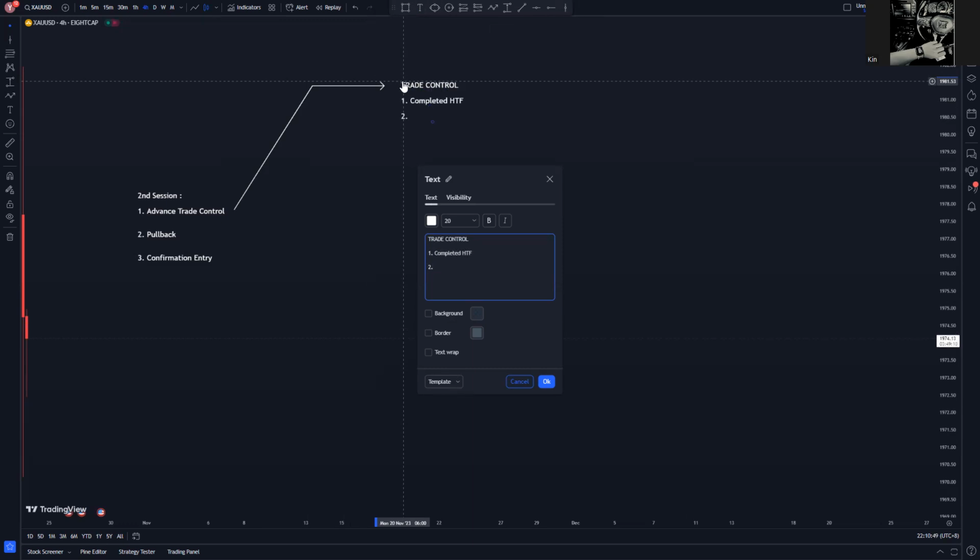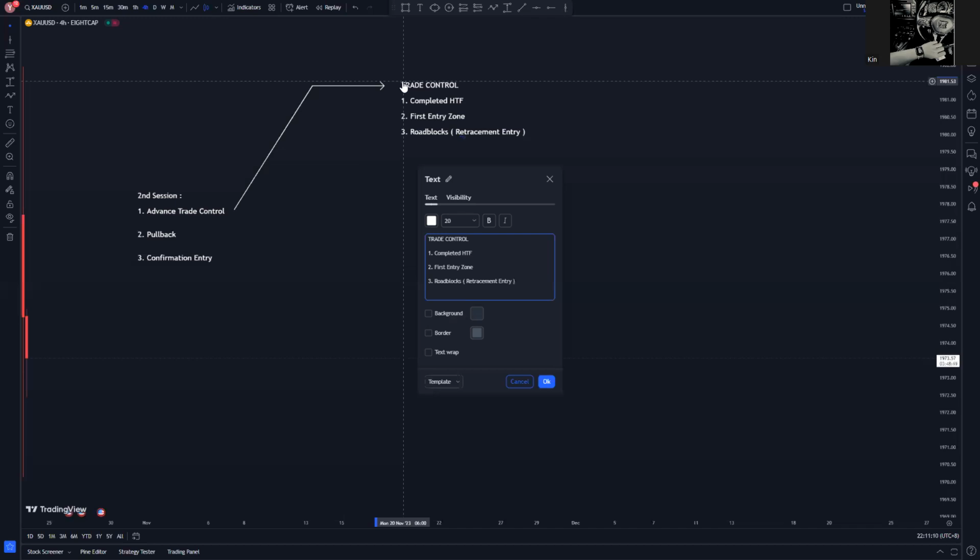Number 2, first entry zone. And then number 3, roadblocks, which we call our retracement entry.